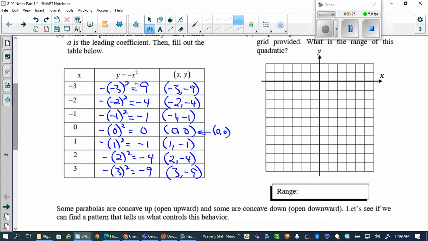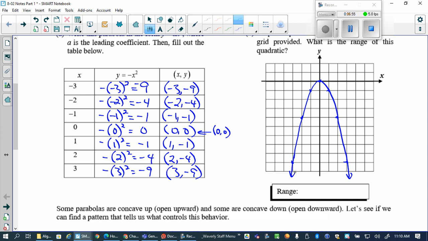-3, 1, 2, 3, 4, 5, 7, 8, 9, -2, 2, 3, 4, 1, 0, there, there, and there. Okay.